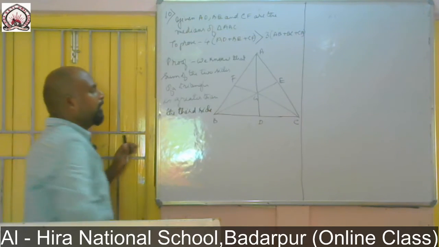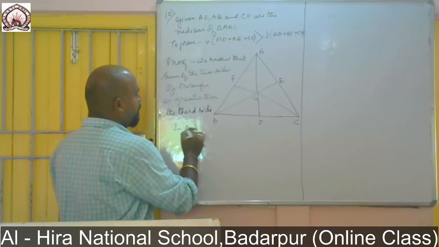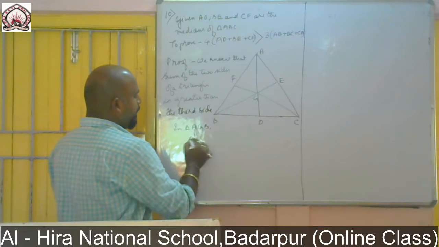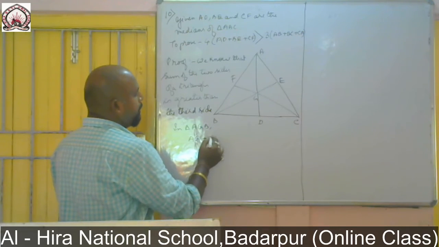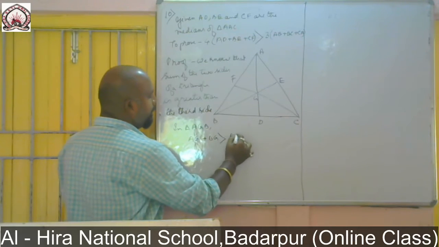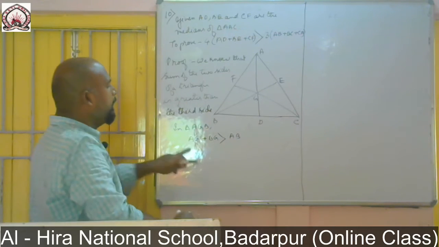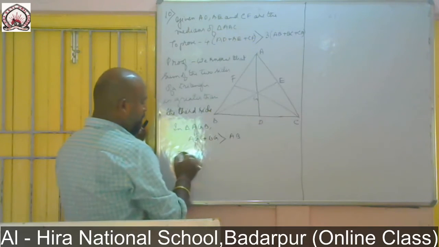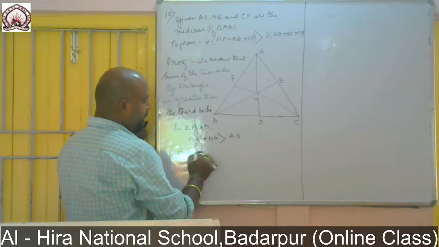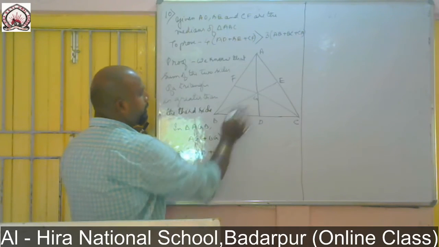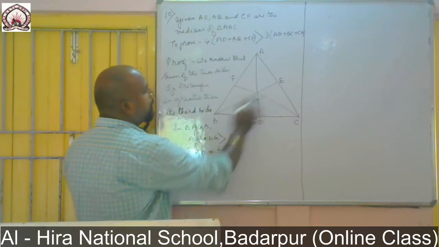Okay. Now in triangle AGB, what are we getting? AG plus BG is greater than AB. Now AG is nothing but 2/3 of AD, and BG equal to 2/3 of BE.